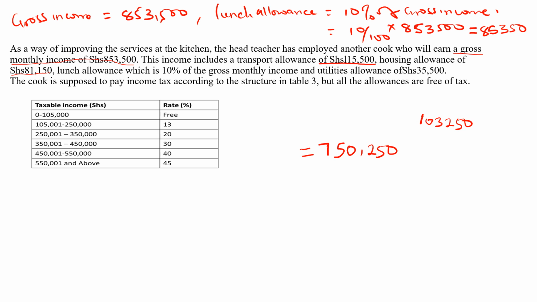Remember, net income is equal to gross income minus income tax. But before running to find the income tax, you should first find the allowances.